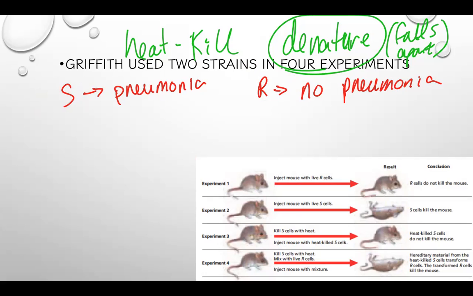Heat-killed S result in the mouse surviving. But when you mix heat-killed S with living R, the mouse died. So like, what? That makes no sense, right? If you take this result and this result, they both survived, but you mix the two experimental groups together, living R cells, heat-killed S cells, and you ended up with a dead bunch of mice.